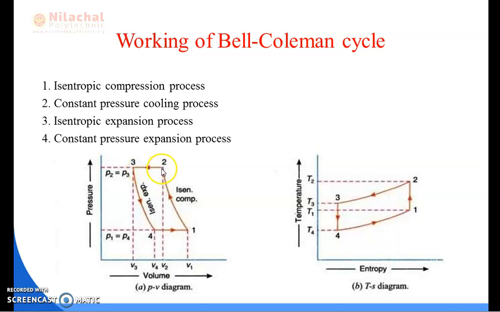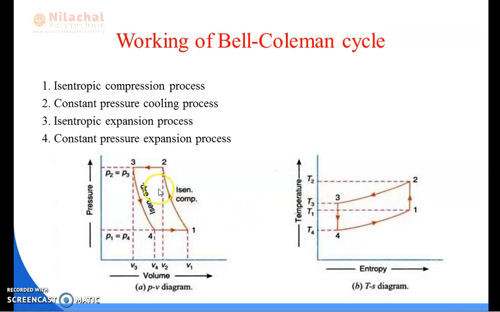From the outlet of the compressor you are getting the warm air. The warm air from the compressor is passed into the cooler where it is cooled at constant pressure. Constant pressure means P2 is equal to P3, and the temperature reduces from T2 to T3.